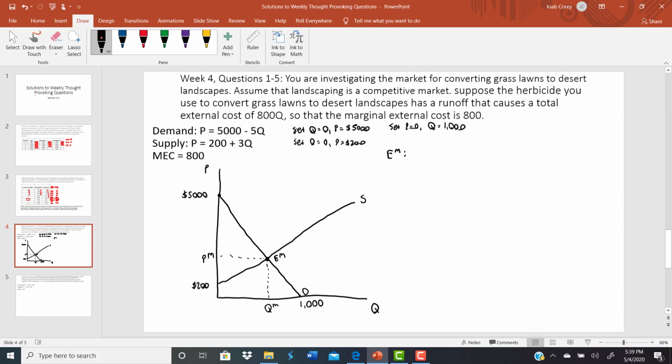So we've got 200 plus 3Q equal to 5,000 minus 5Q, and then we get all of our Q's to one side. You add 5Q to both sides, so we've got 8Q over here. Subtract 200 from the other side, and you've got 4,800 over here. So we know that our QM is equal to 600.